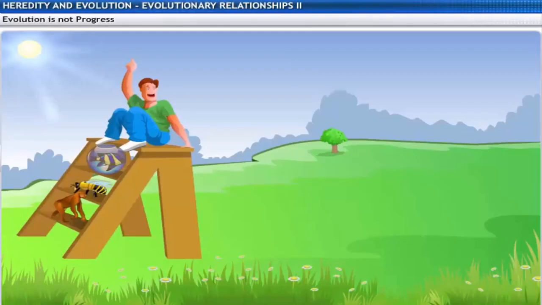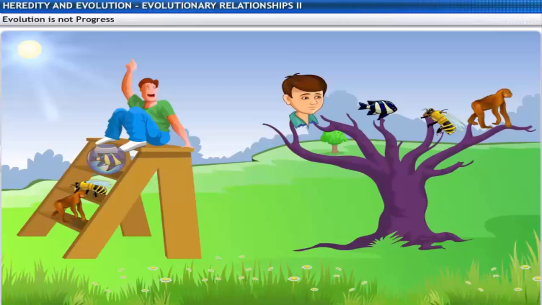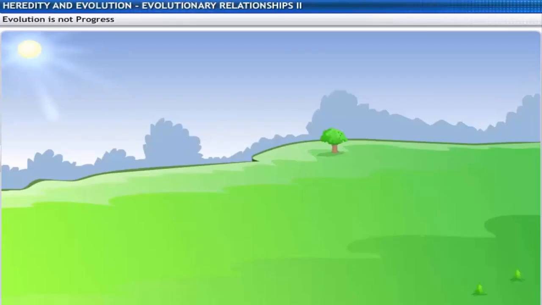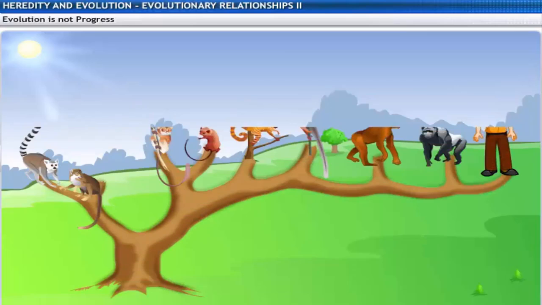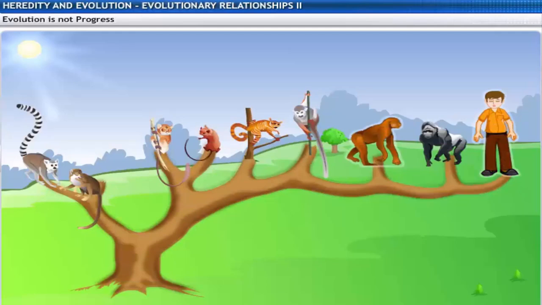It is very crucial to understand certain things in tracing evolutionary relationships. Firstly, multiple branches are possible at each and every stage. For example, it is not true that human beings evolve from chimpanzees.